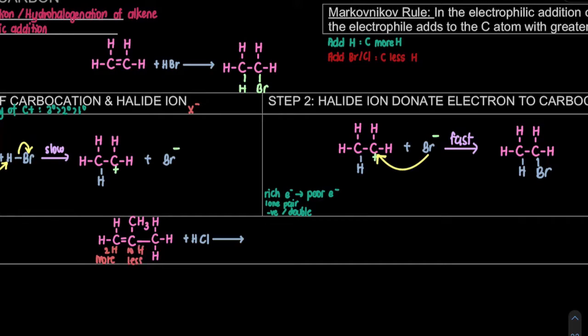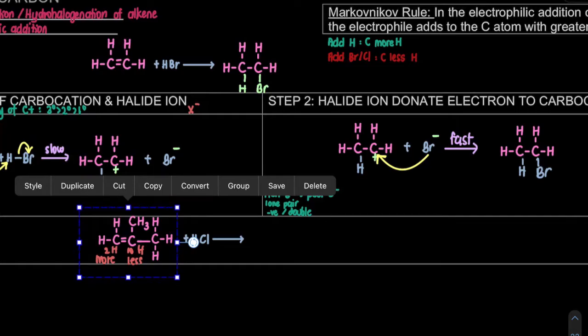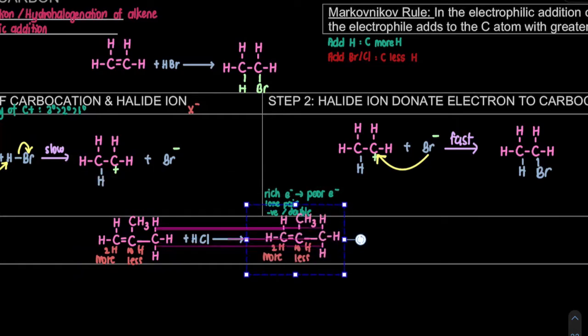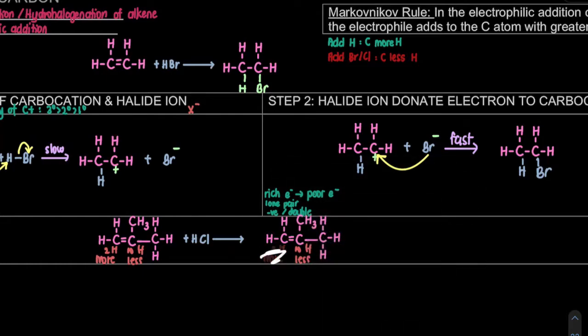So when there is no hydrogen attached to it, it means that this is the one with the less hydrogen. Okay, so for the addition, remember, hydrogen will be added to the one with more hydrogen. Okay, so it means our chlorine will be added to the one with less hydrogen. Okay, so what will happen to the product? So I'm just going to put here. So the product will be, I'm just going to remove the double bond. We're going to form 2 new bond. 1, 2.